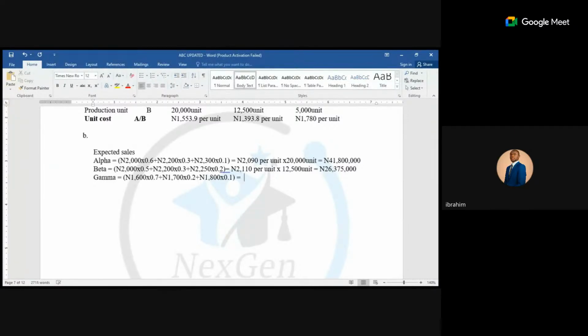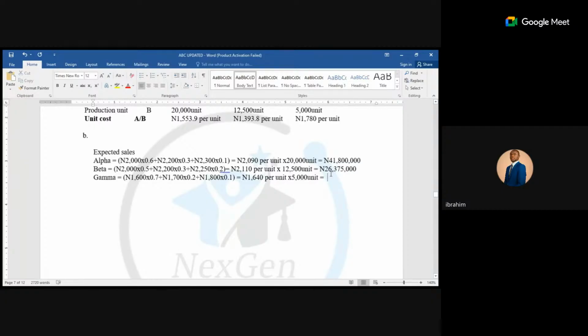So what do we have here? 1,640 a unit. Thank you. So how many units were sold? 5,000 units. You can see that it makes sense: you are calling the selling price per unit and you are multiplying it with the sales units.